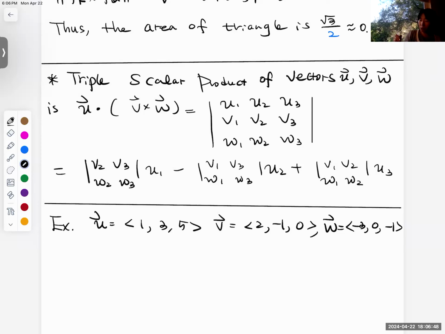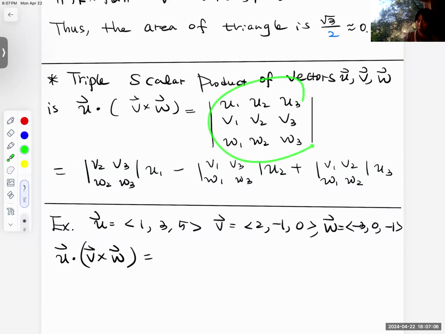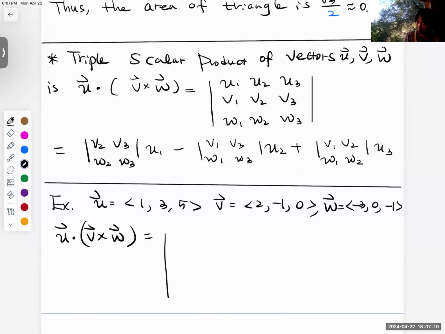Okay. So how do we calculate the dot product of u and the cross product of v and w, right? We are using the form like here. So there will be 1, 3, 5, 2, negative 1, 0, negative 3, 0, negative 1.